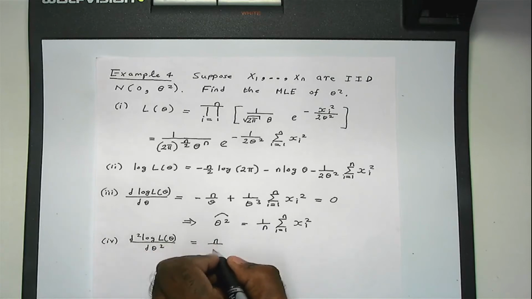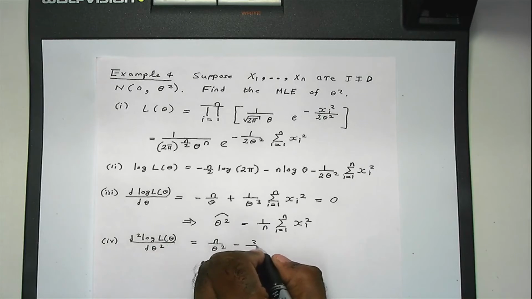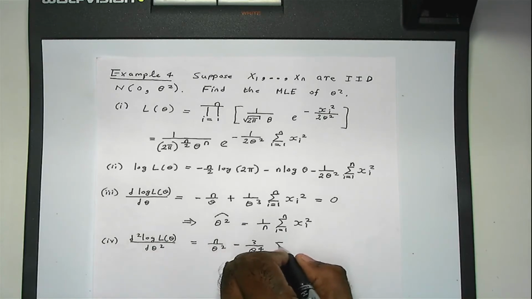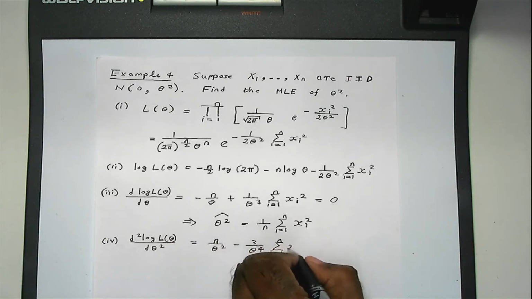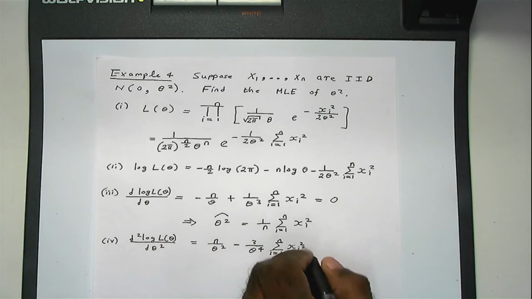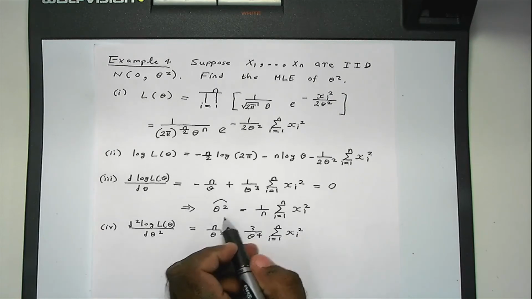N over theta squared minus 3 over theta power 4 of the sum of xi squared. Now we need to show that this is negative when theta hat squared is this.